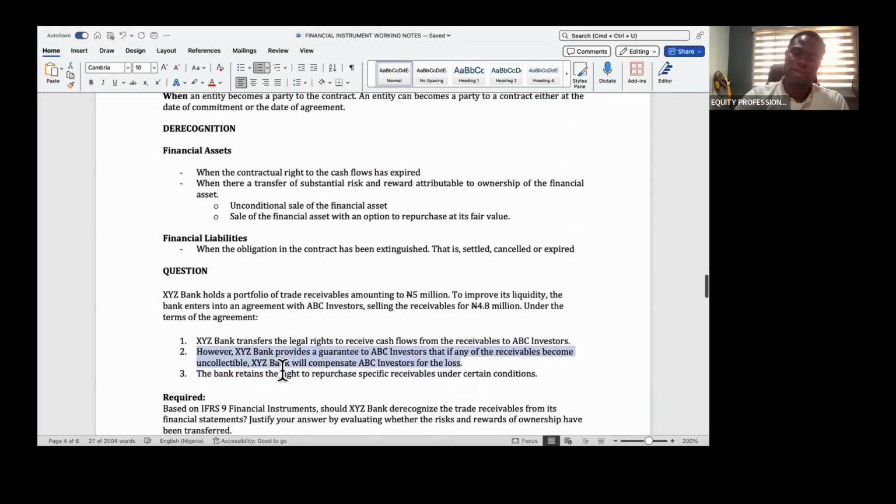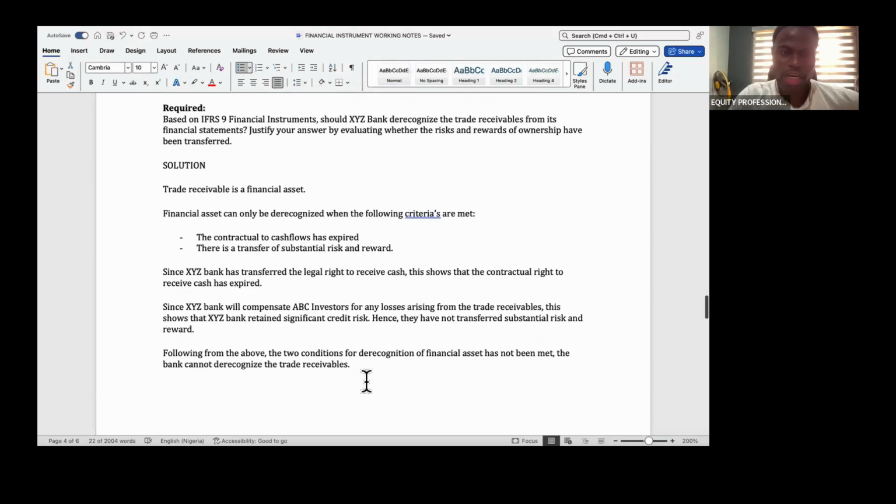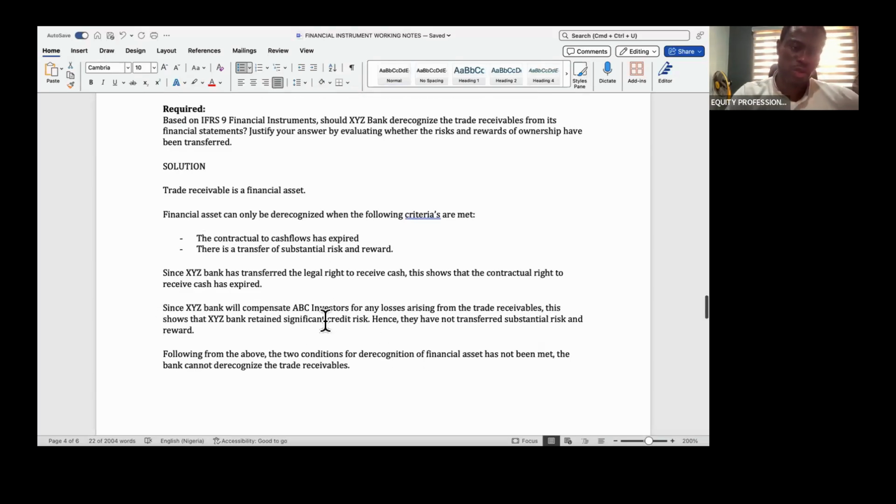And before you can derecognize a trade receivable or a financial asset generally, these two conditions must be met. I'm still going to share this working note with you, so you're going to see all these solutions as part of it anyway.